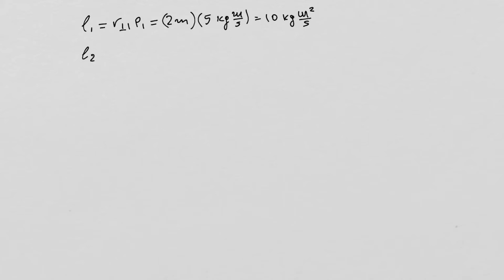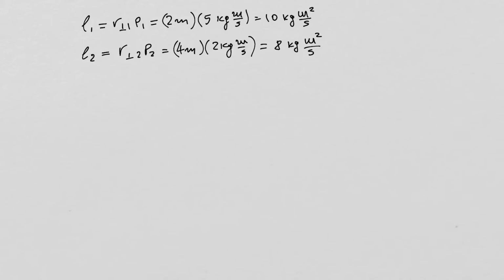For the second particle, the angular momentum L2 is equal to r perpendicular 2 times P2, that is equal to 4 meters times 2 kilograms meters per second. This is equal to 8 kilograms meters squared per second.